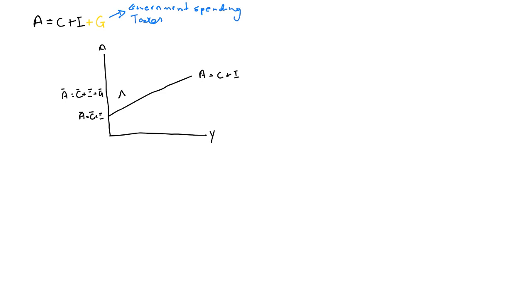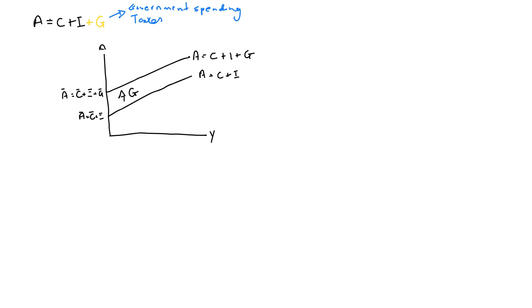Therefore, there's an increase in aggregate spending. All I'm doing, Abigail and everybody else, is taking the words we've received so far from the textbook and putting them into a graphical representation. This becomes A equals C plus I, and you won't believe it, plus G. This change is simply because of government spending.